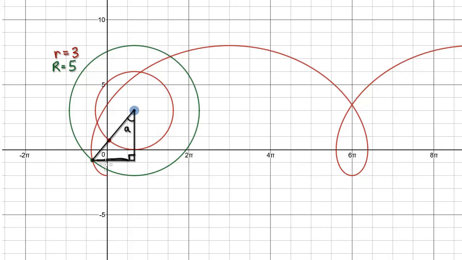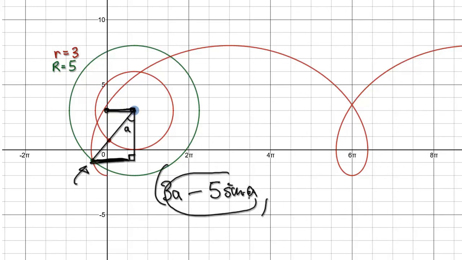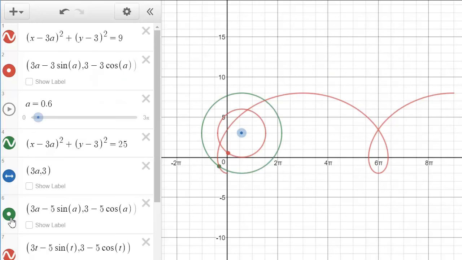So this length here would be 5 sine a. So if you want to know this location here, it would be this length, which is 3a, and then take away this length here, which will give you a negative number in our situation at the moment. So the x coordinate will be given by this thing here. That's why over here our x coordinate is given by this. Okay, so that will give us the x coordinate.